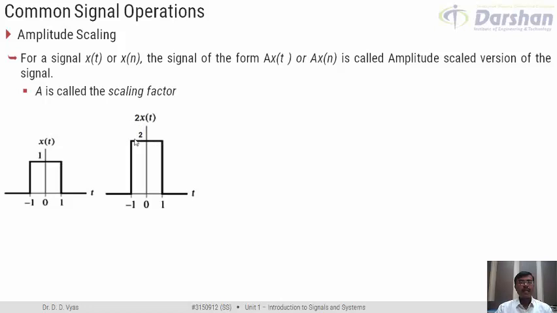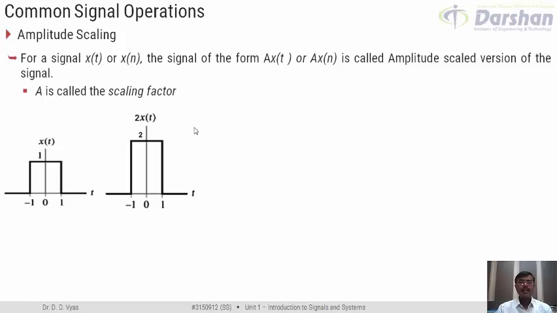So this would now have a magnitude of 2. Again, beyond time t equal to 1, the magnitude is 0. You multiply it with 2, so it remains 0. So this is amplitude scaling, where my scaling factor is 2.